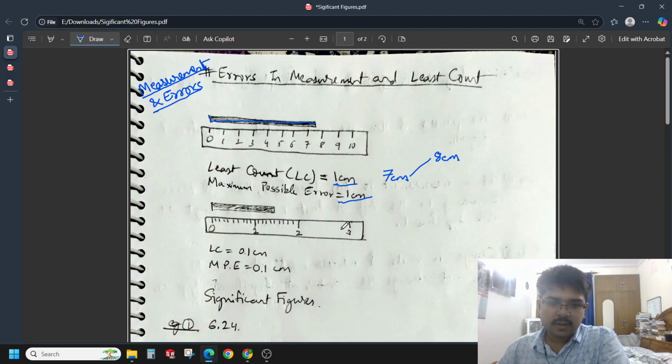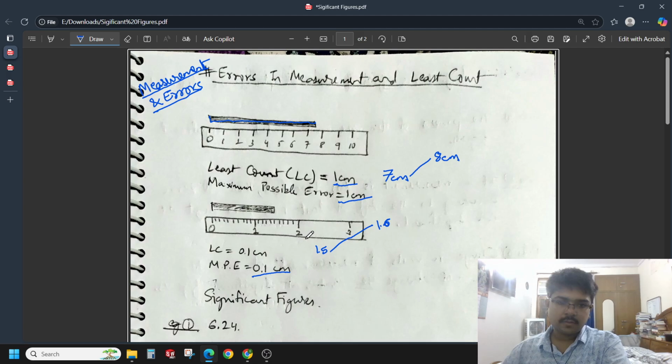So the reading could be 1.5, or someone could take the reading as 1.6. So the maximum possible error that it can have is 0.1 centimeter.